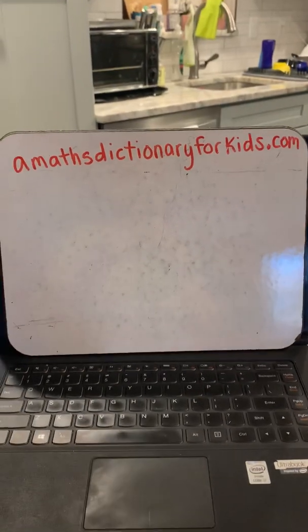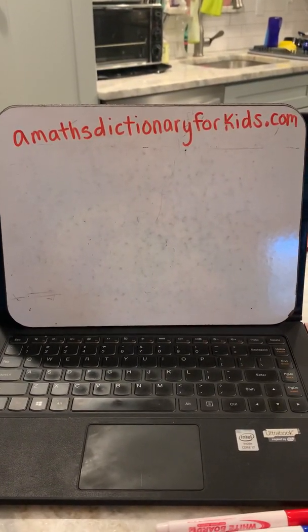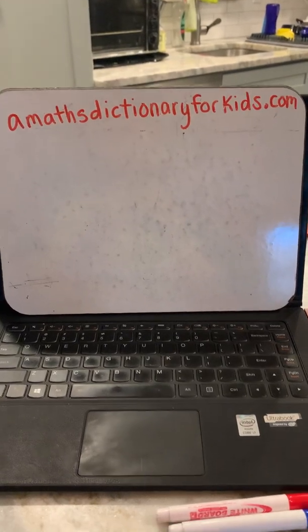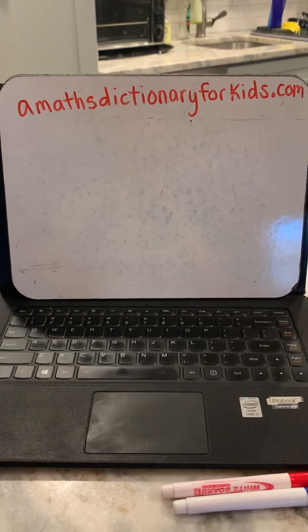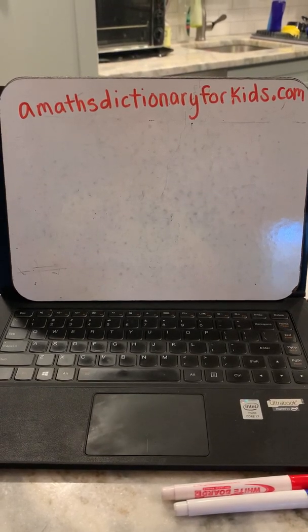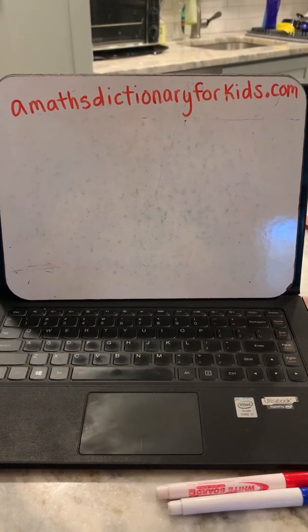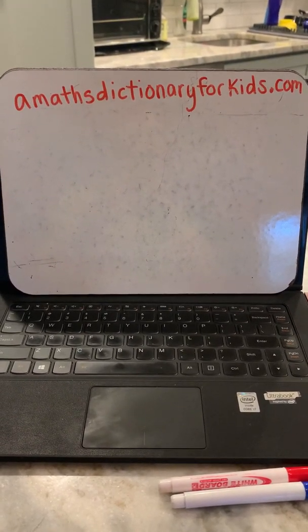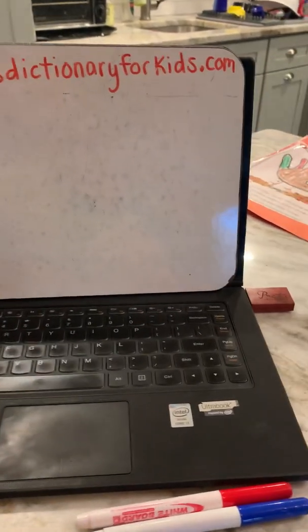It's called, and I would pause the video if you want, A Maths Dictionary for Kids dot com. It is absolutely amazing. It's very kid friendly. All the math words are there, just like a regular dictionary. They are divided by the letter of the alphabet that they start with. So it's very friendly for kids to use. I would suggest you guys use that, even when you get to 5th grade, middle school, and so on and so forth.